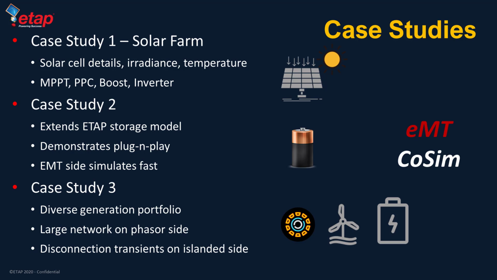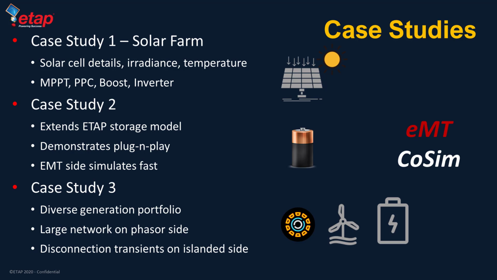The first will be a solar farm co-simulation to show that one can have a lot of detail down to the solar cell radiance and temperature levels. With this much detail, a standalone electromagnetic transient simulation would normally be slow. But with eMTCoSim, this problem goes away. Isn't that highly desirable? I would say so.